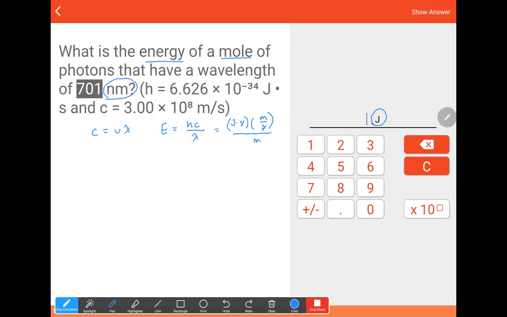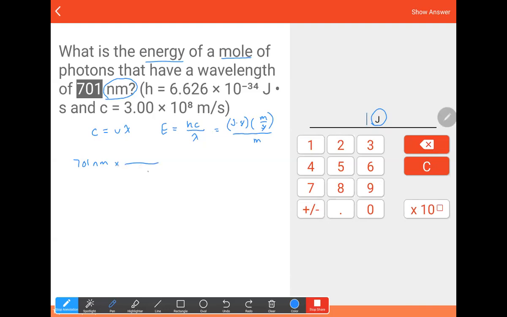Now we've worked on this with dimensional analysis, right? So I'm going to start with 701 nanometers. The reason we put it in that format is that visible light is around that spectrum, so it gives us an idea of whether this is visible light or not. So we're going to multiply that.